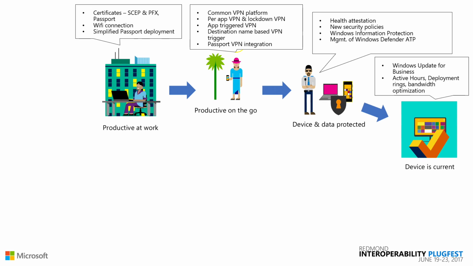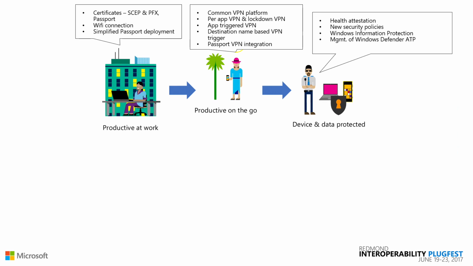There's also, going back, things they can push down like Windows Information Protection. What Windows Information Protection does is help me classify and protect data on my device that belongs to me as an individual and data that belongs to an organization.